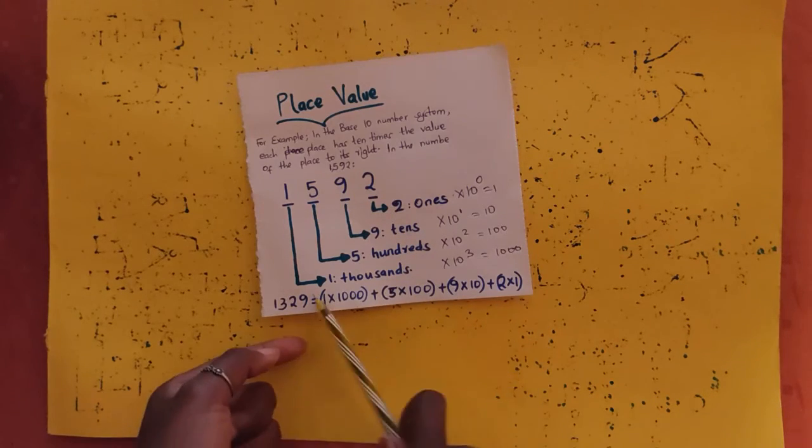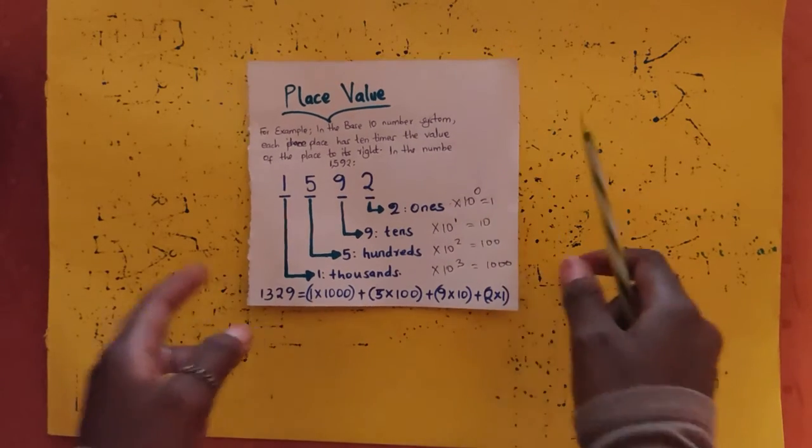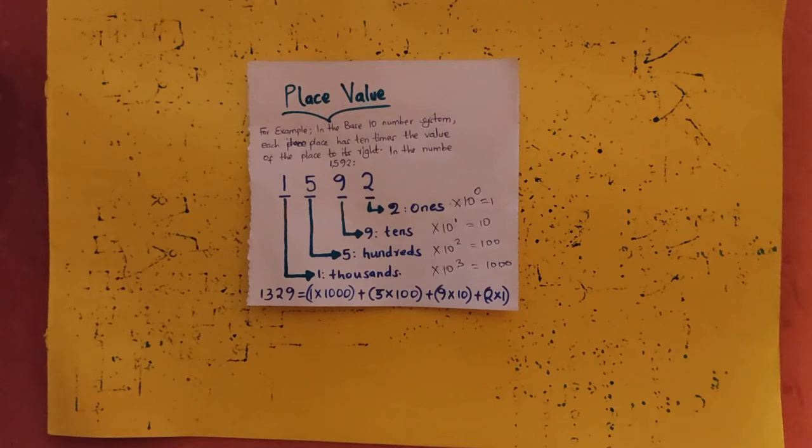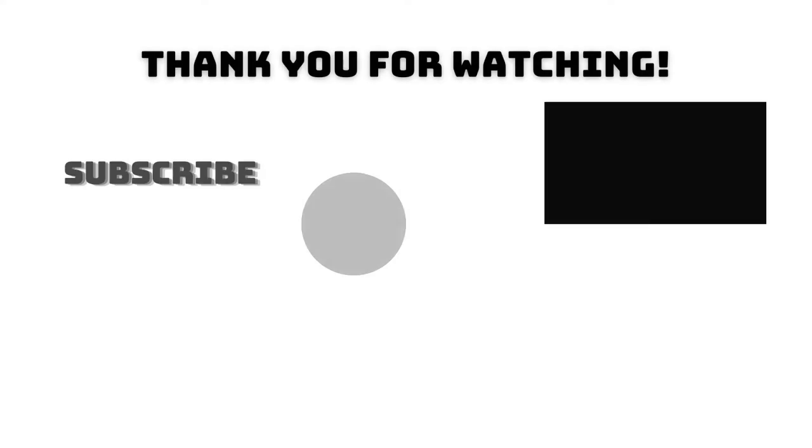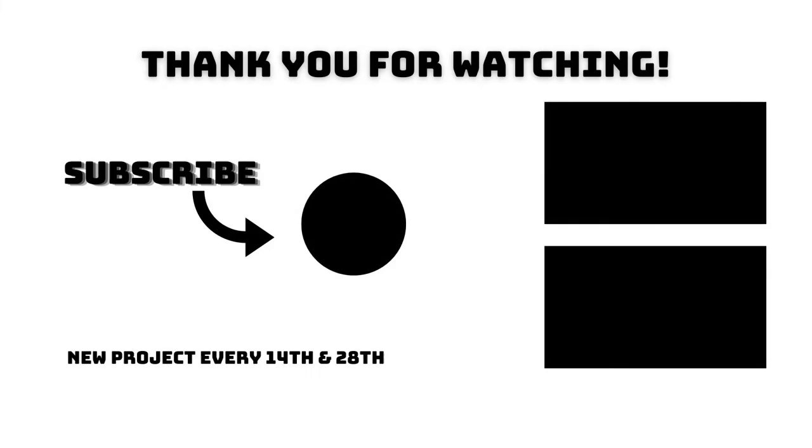This is the exact same concept I want you to keep in mind while we look at binary, octal, and even decimal and hexadecimal numbers. So that's it for now. Let's get started on binary number systems.